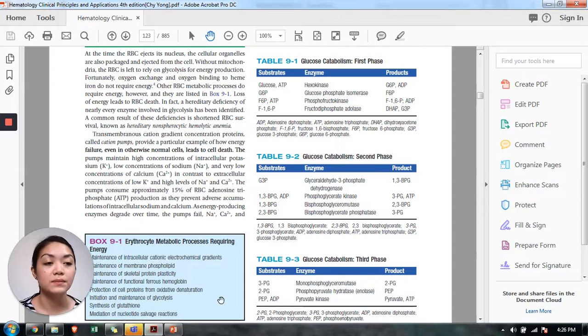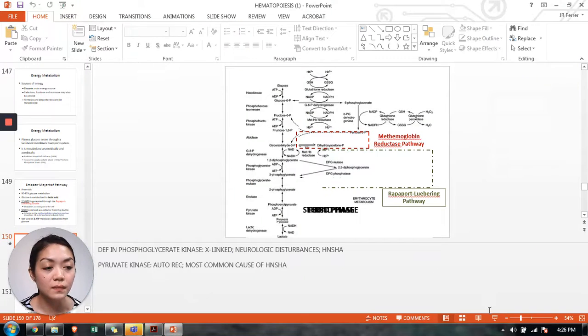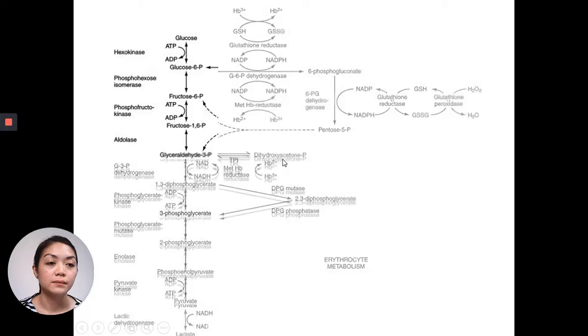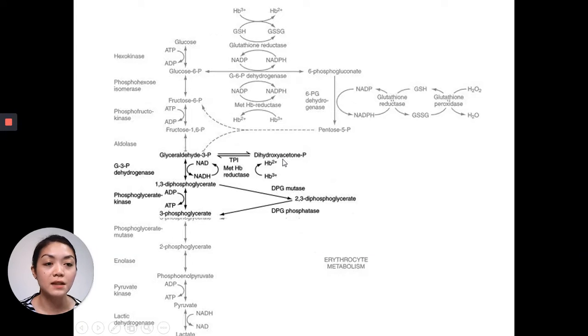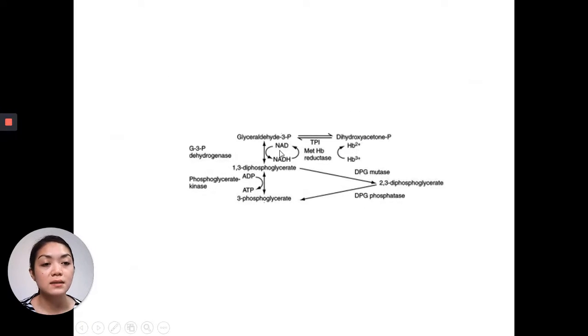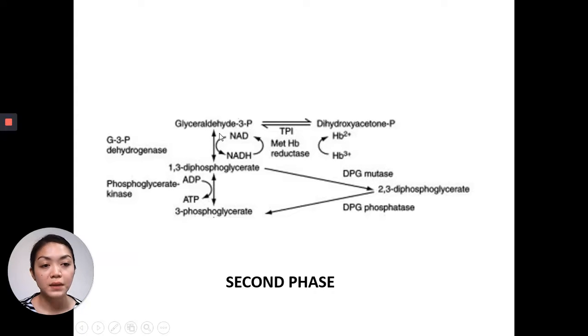Okay, next, the second phase, which is in the middle part. We start here from G3P. It has two pathways. It can continue downward, or it can first be changed into dihydroxyacetone phosphate, which is converted back again to glyceraldehyde 3-phosphate.